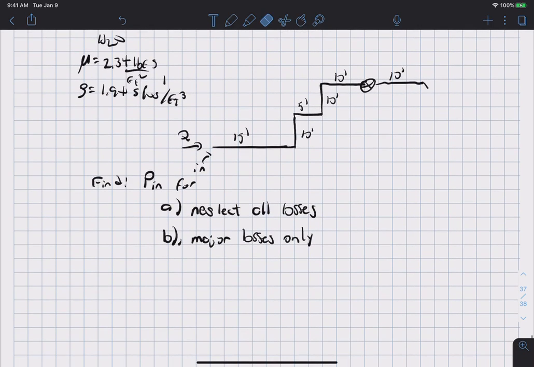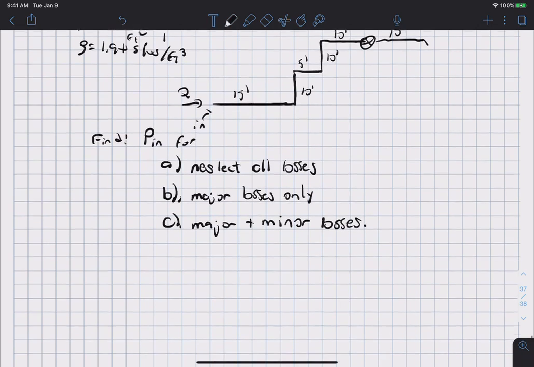And C, we include major plus minor losses. Okay, and so what you'll see with this example after we complete it is that the viscous flow in pipes really makes a huge difference, even for this mundane run-of-the-mill pipe analysis.